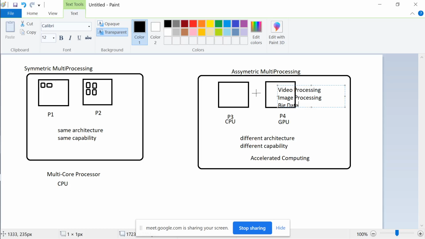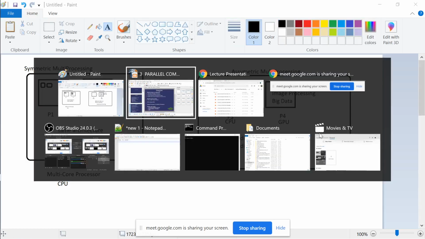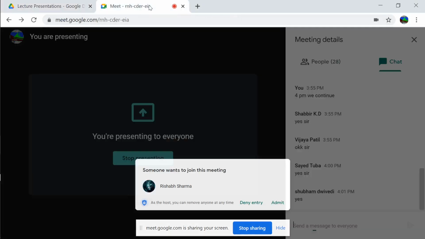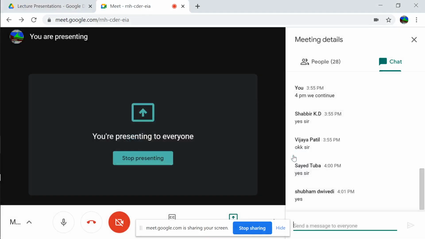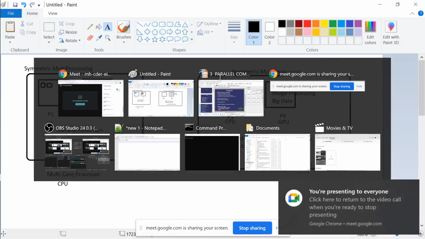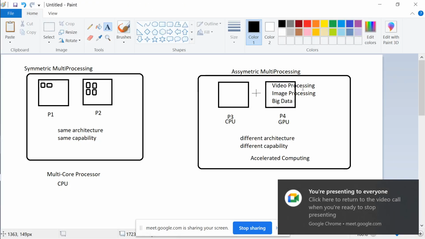All this kind of work, GPU is designed specifically for, so your GPU is meant for all this work.